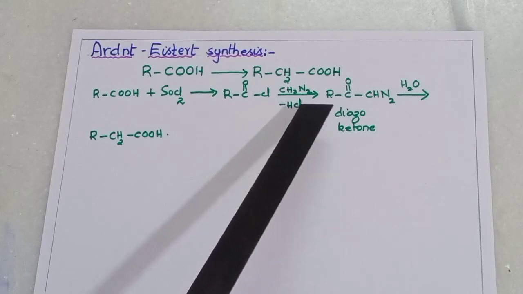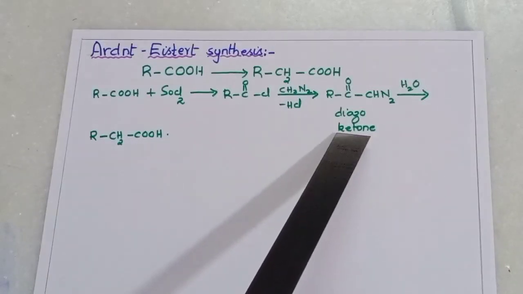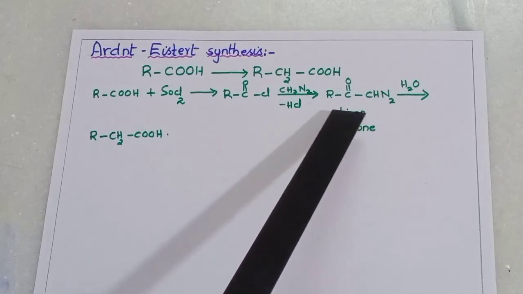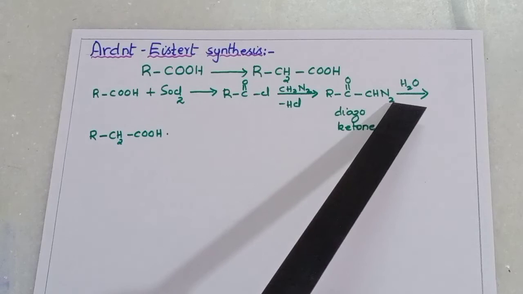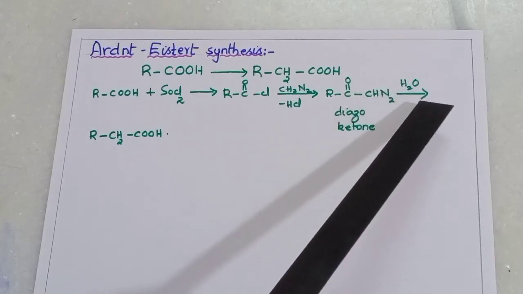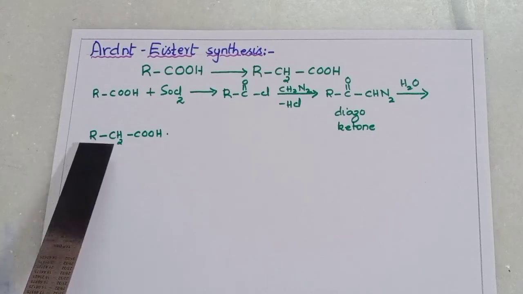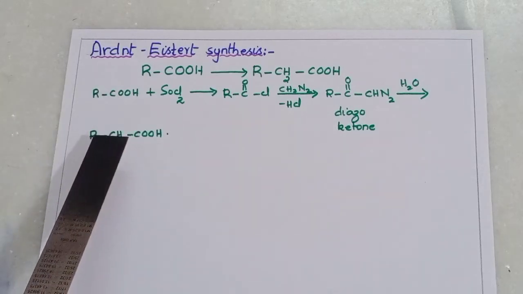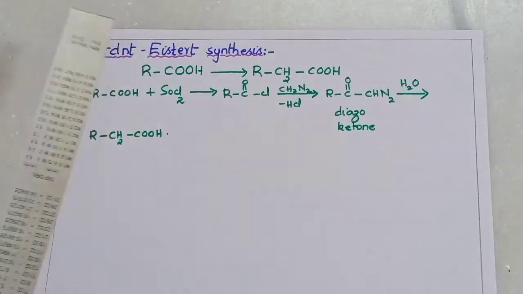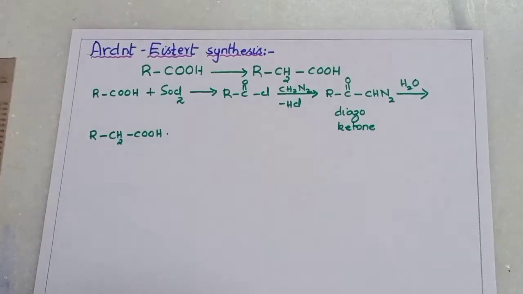Minus HCl, and after treatment with diazomethane we get the diazoketone, that is RCO-CHN2. On treatment with water, this is finally converted into RCH2COOH.